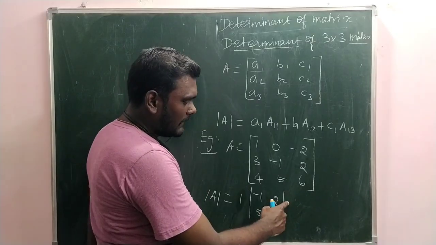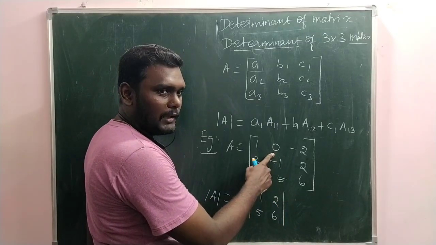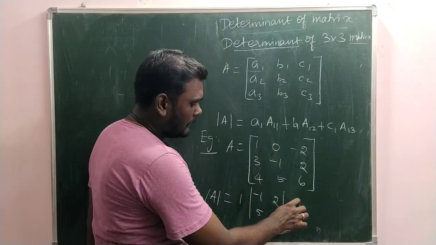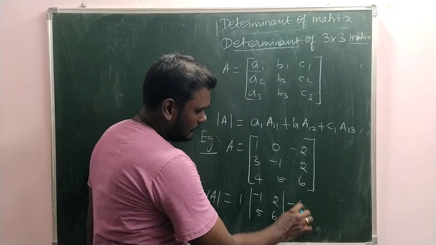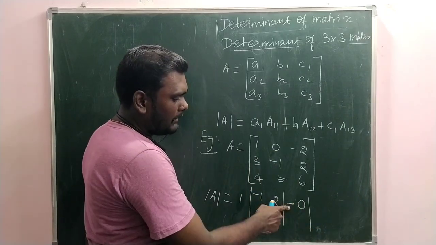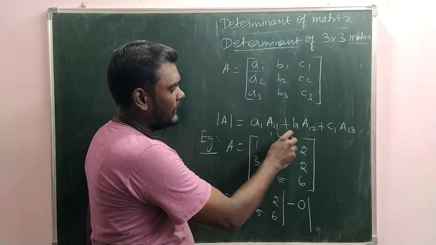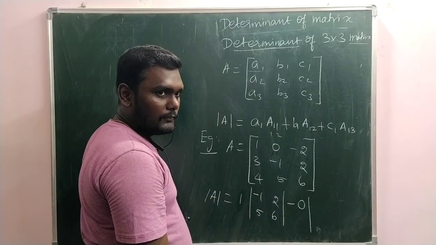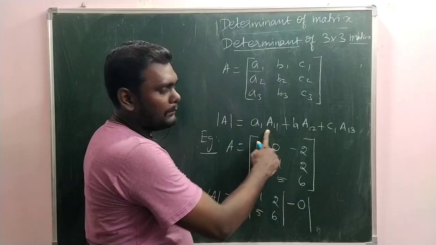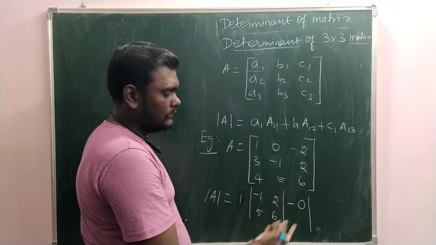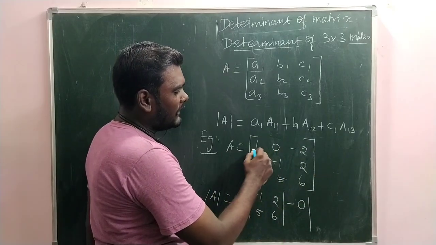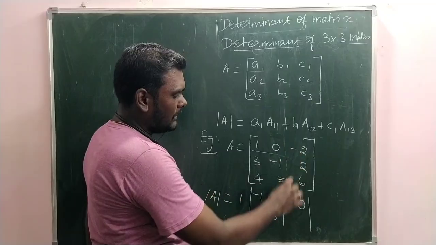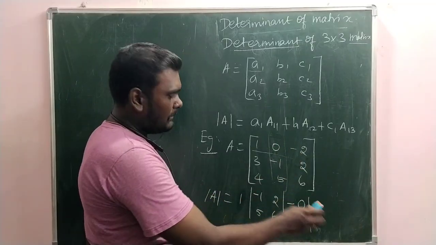And then again I should put plus, but this is the second element, right? Second element means cofactor will be negative 0 into, why I kept negative here? Because this is 1 2 place, minus 1 power 1 plus 2. So minor of this 0, it doesn't matter, 0 means 0 only, but we should write.